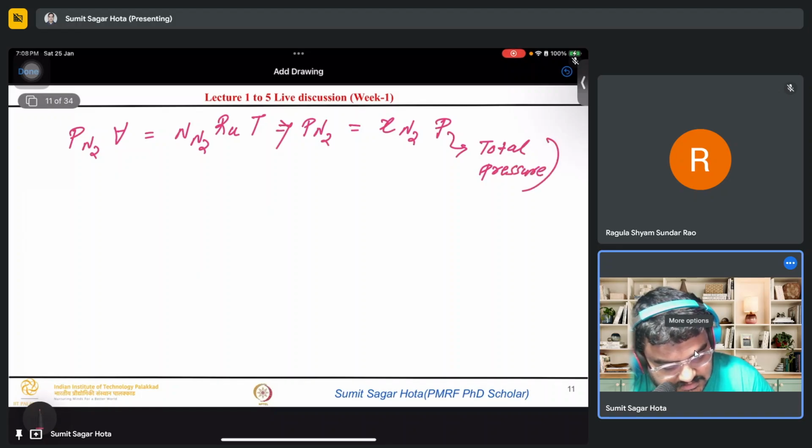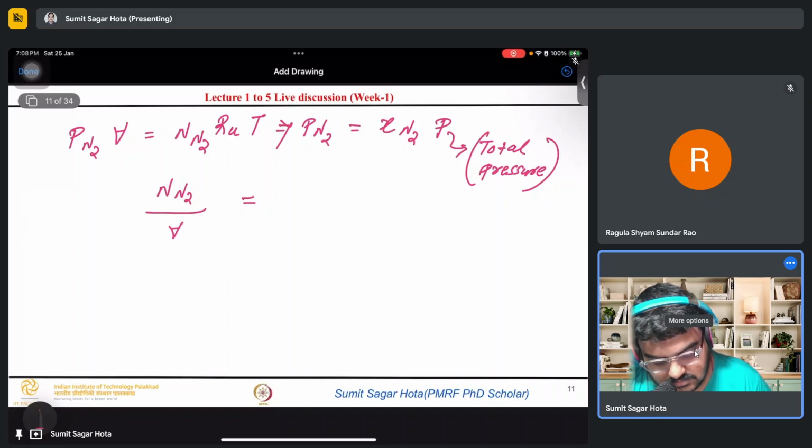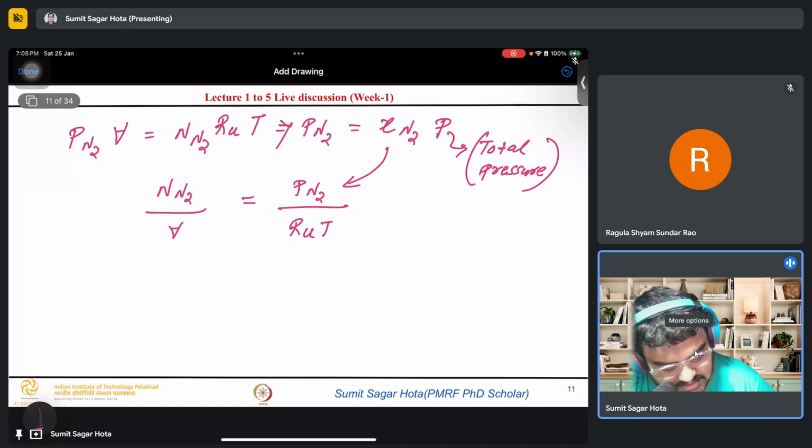While solving problems, what we will do is take the n of N2 by V. It will be P of N2 divided by Ru into T. But what do we know P of N2 to be?